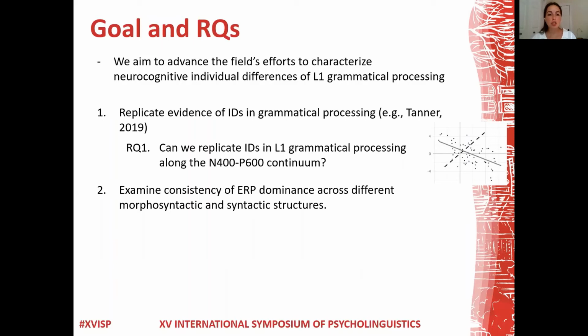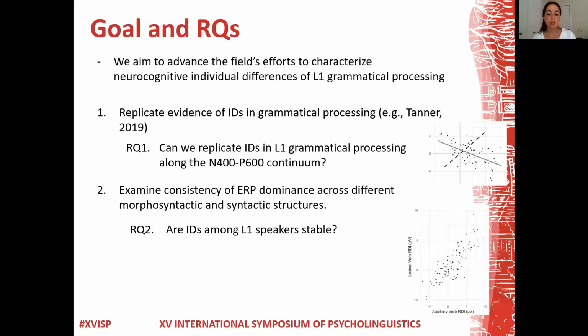Second, we aim to examine consistency of ERP dominance, that is, consistency of the variability that we find across different morphosyntactic and syntactic structures. Based on Tanner 2019, we expect to find a positive relationship between RDIs across the different conditions, or at least among the agreement conditions.